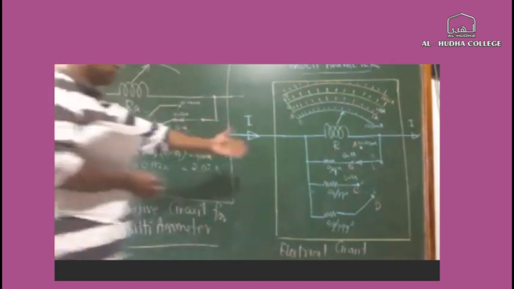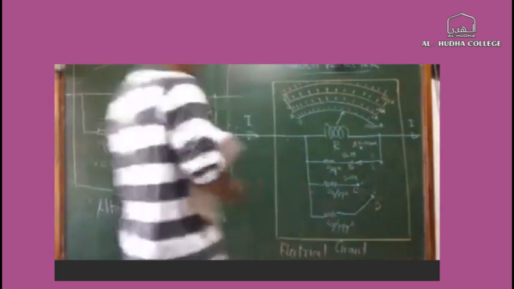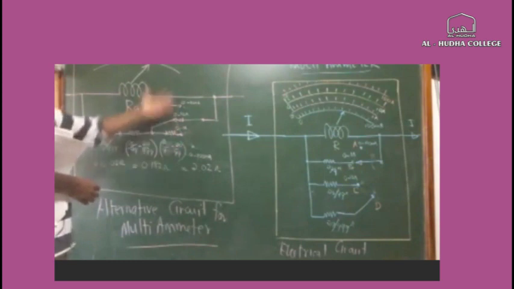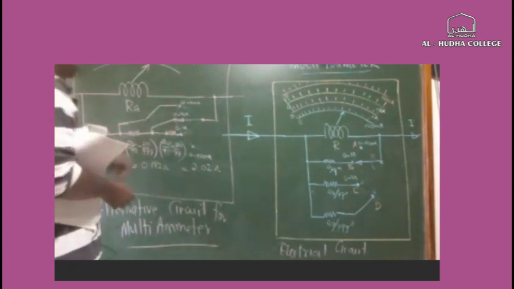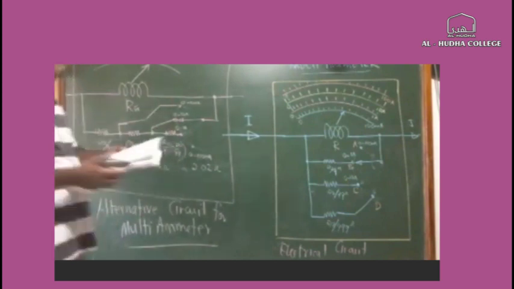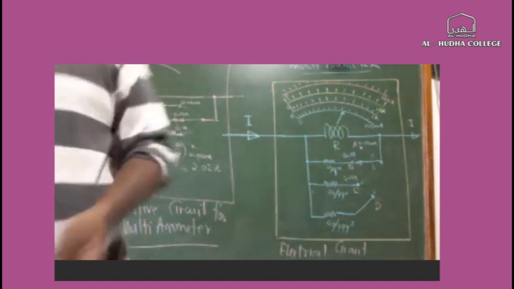Instead of using individual complete resistances, now we are using the smallest one here, then the difference between the next one and the difference between the next one as additional resistance. So you take tapping from here, here, here. Please copy.